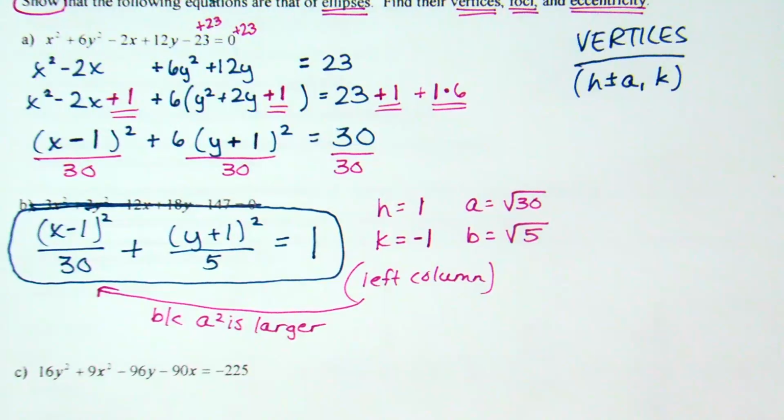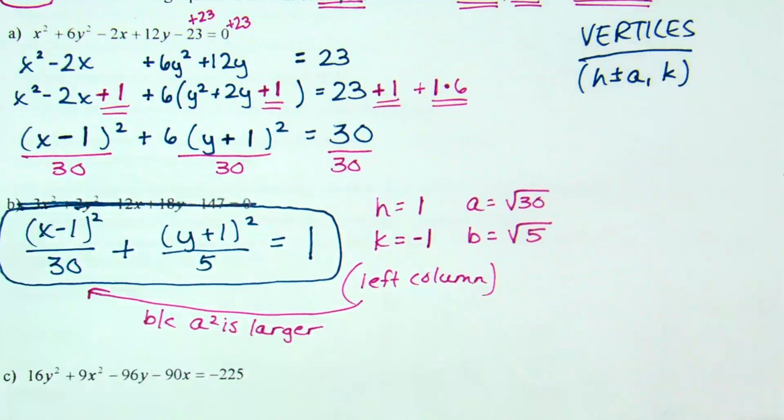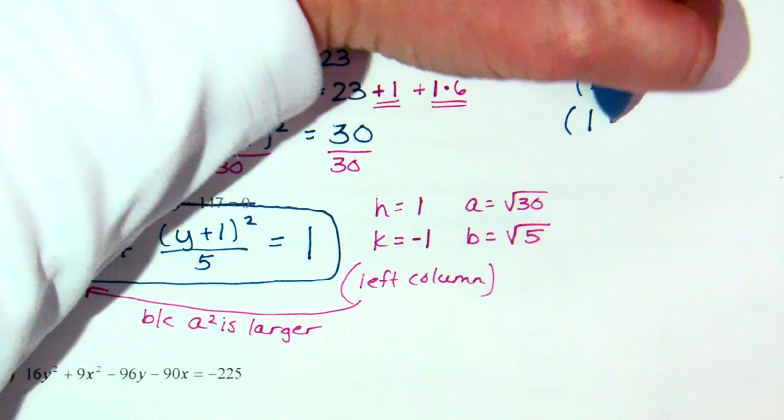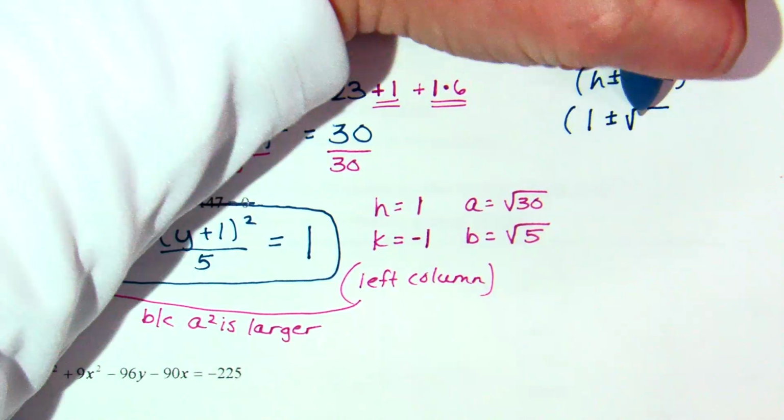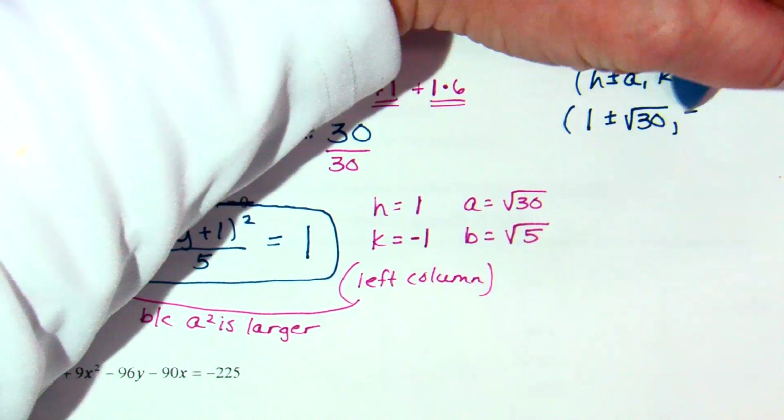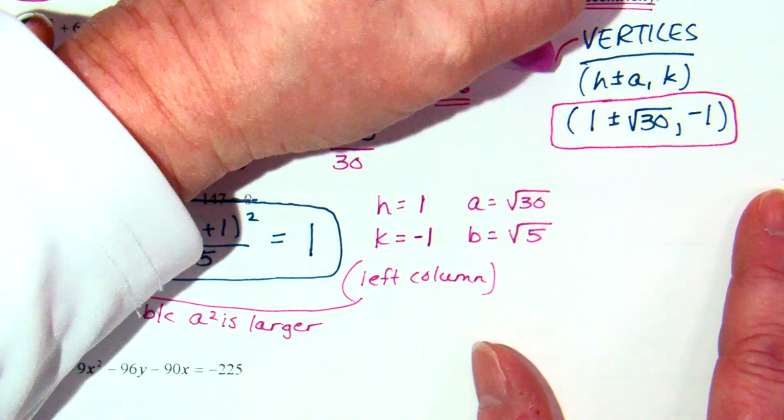Do we have all that information? Yes. H is 1 plus or minus A, which is square root of 30, comma K, which is negative 1. There's a square root involved, so I'm leaving my vertices as is.